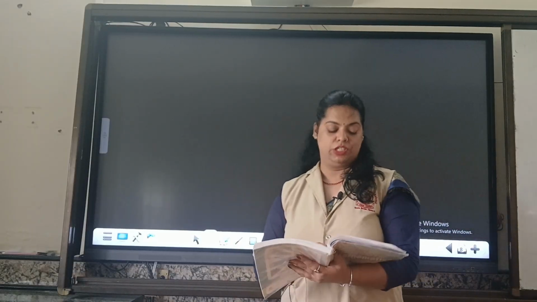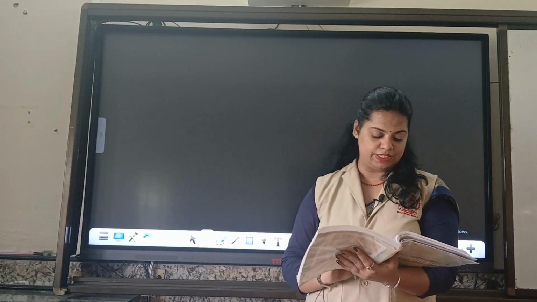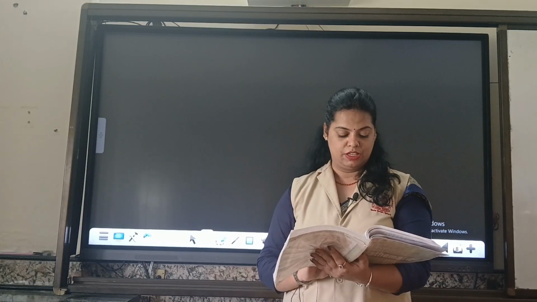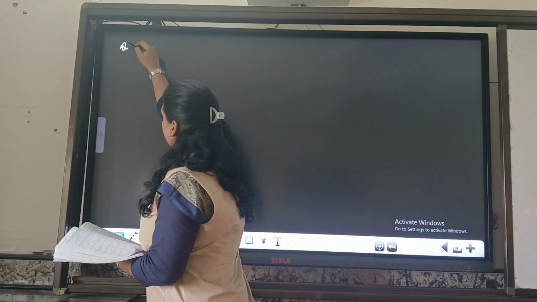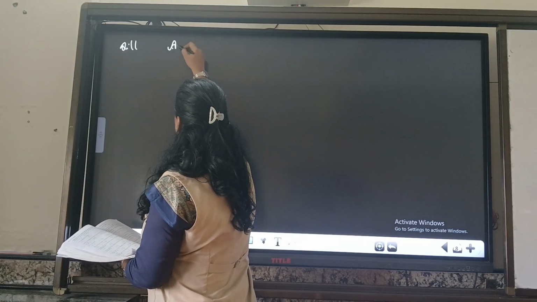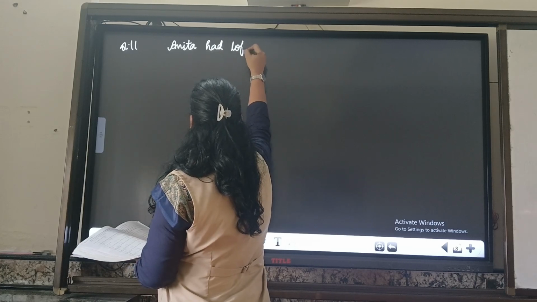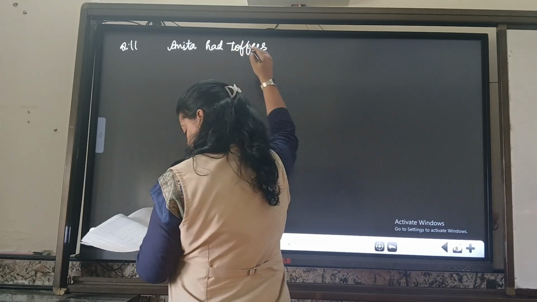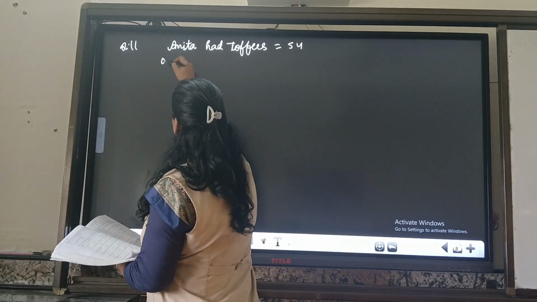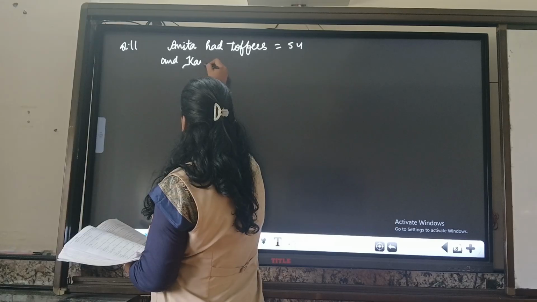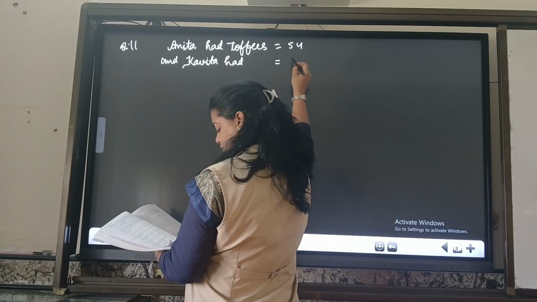Now moving towards question number 11 of exercise 5.2. Anita had 54 toffees and Kavita had 48 toffees. So first of all we will write how many toffees both girls have. Anita had 54 and Kavita had 48.